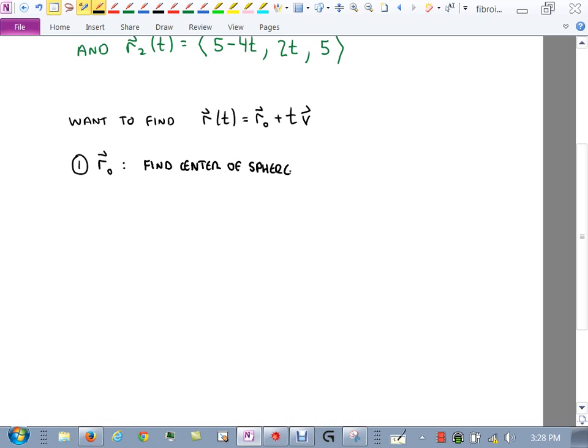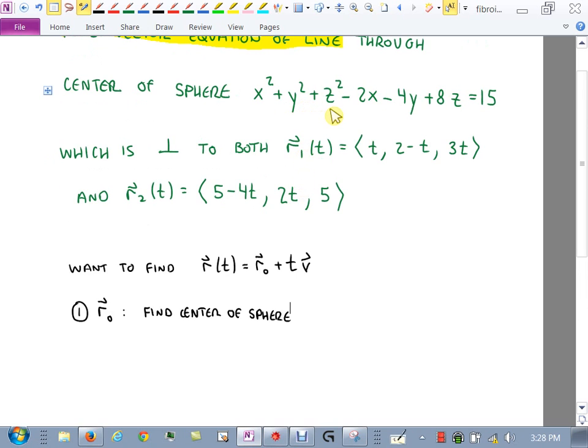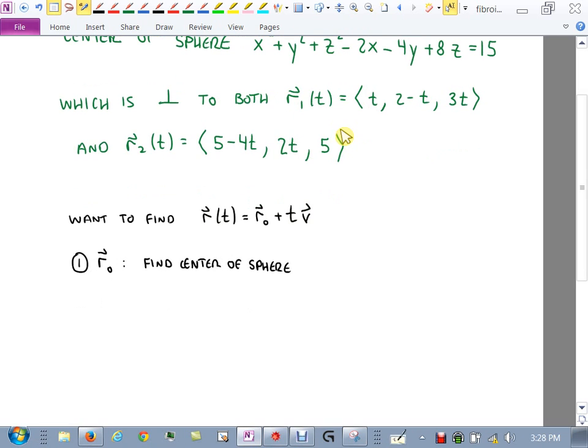Now to do that, I will need to complete the square. This problem right here, x squared plus y squared plus z squared, all that, is actually one of your homework problems, number 13. You go through the process of completing the square, and you can get it to look like the formula that, what was your name? David, that's right. That David put up there, from last class, the general equation of a sphere, x minus h squared, and the rest.